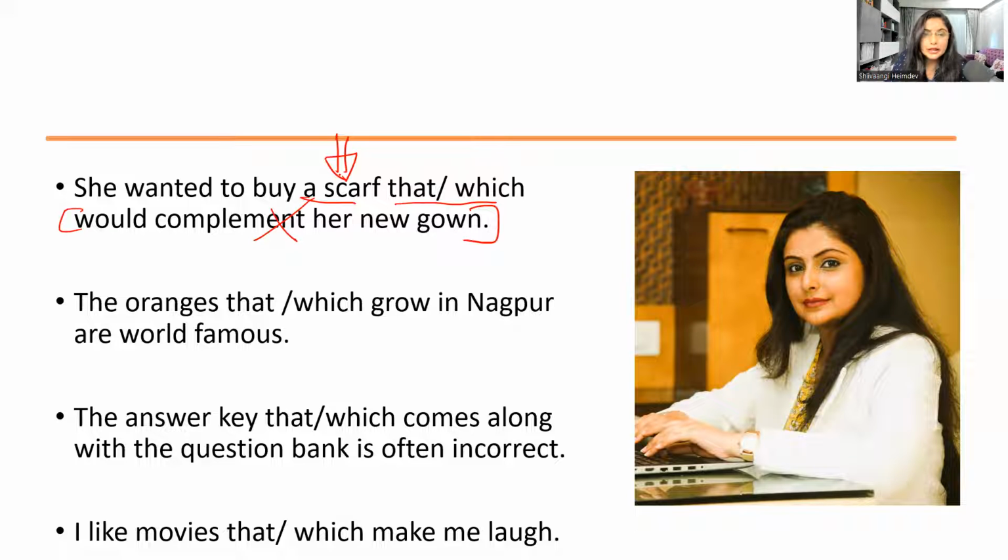What kind of scarf? Which scarf is she looking at? I have no information at all. So this particular piece of information, a scarf that will complement her gown, that's the only scarf she's looking at, not any scarf, but the scarf that will complement her gown. So now this becomes essential information.